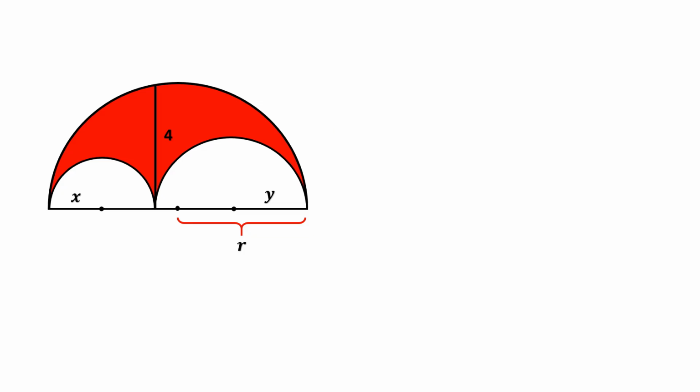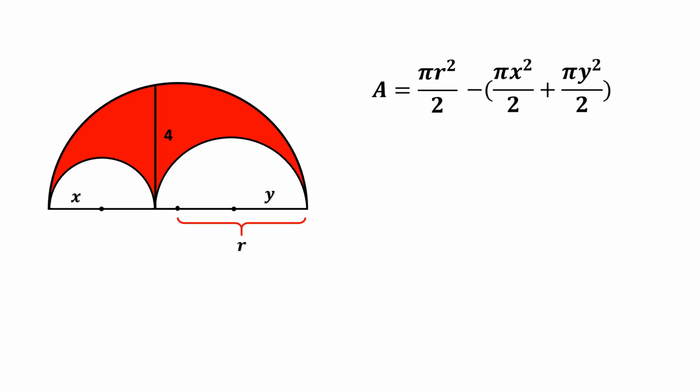Therefore, the shaded area becomes area of large semicircle minus areas of the 2 small semicircles. If we simplify that expression, we get a very clean formula. Area equals pi over 2 times (r squared minus x squared minus y squared).